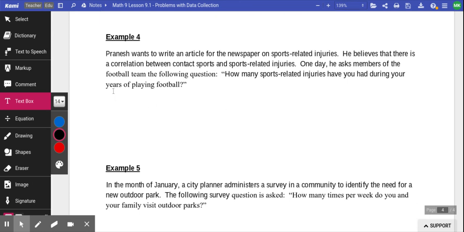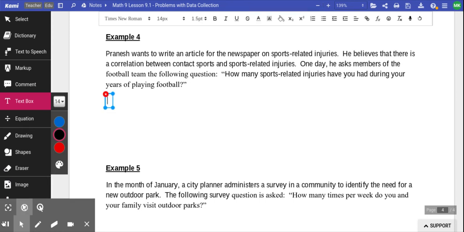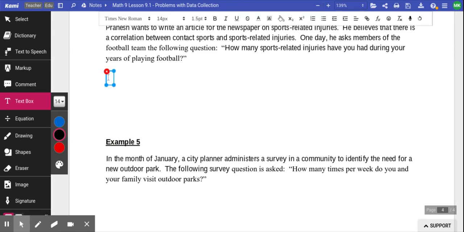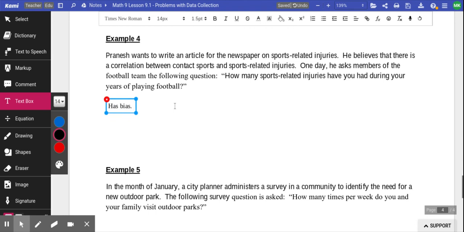So again, you could come up with several issues here. And I think the biggest issue that you probably have here is, again, this has bias. So you went out and you're trying to figure out, okay, what's the correlation between sports and injuries, especially contact sports and injuries?